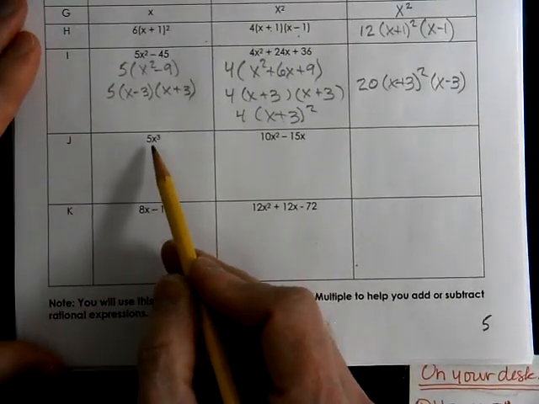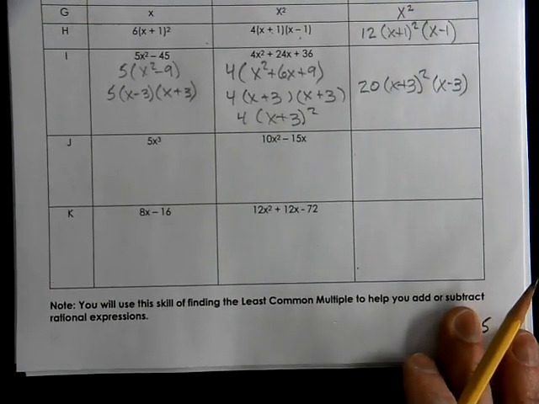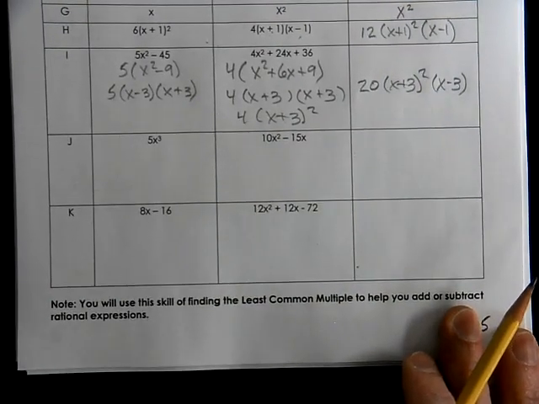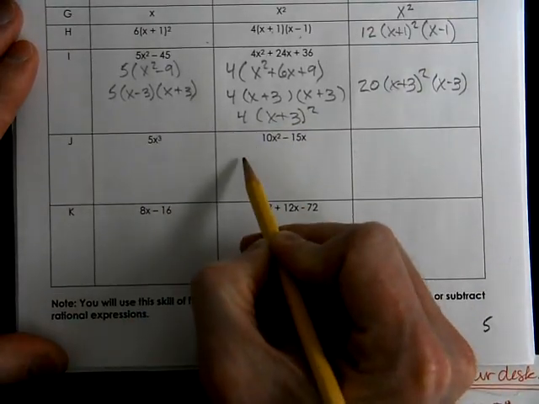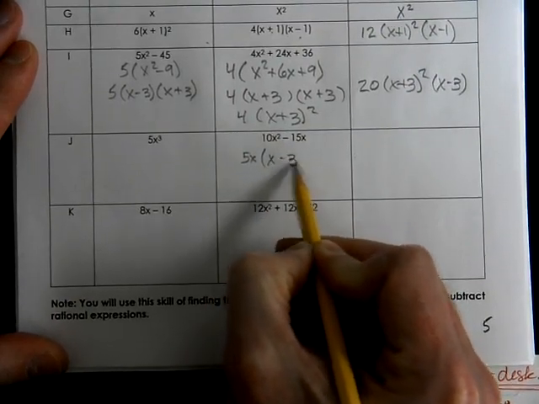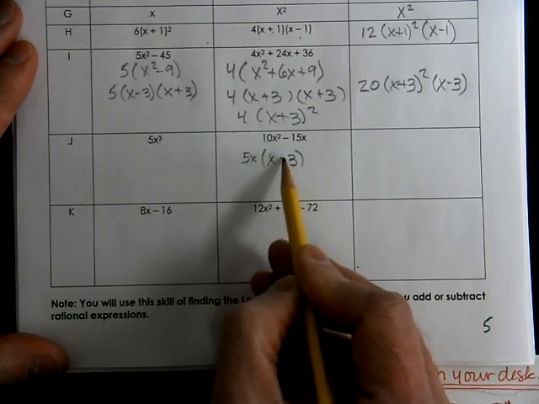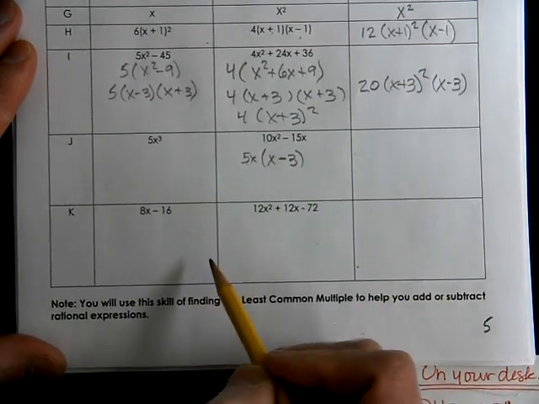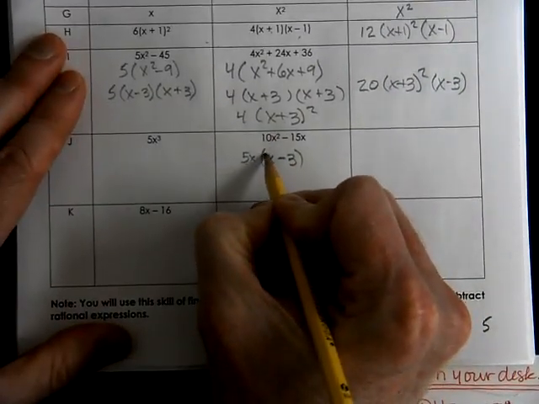So when we look at the 5x cubed, there's nothing that we can do in terms of factoring apart the 5x cubed. But here we can factor out the 5x, so it's x minus 3. Wait, wouldn't it be 2x? You are correct.